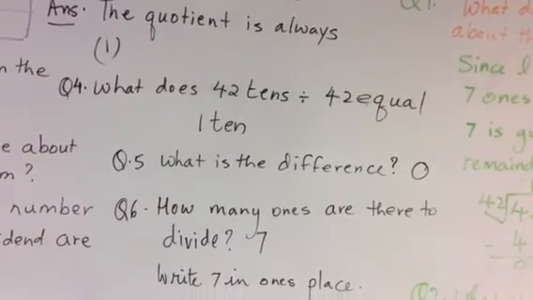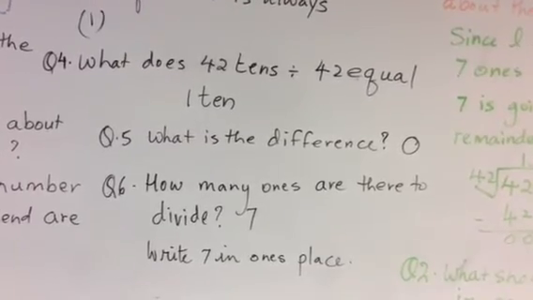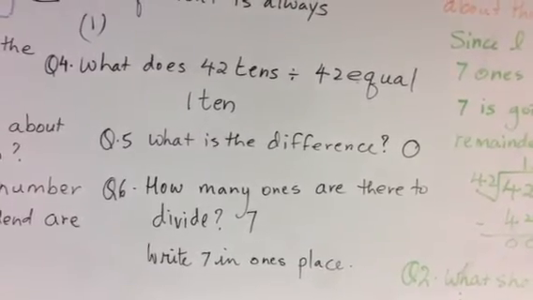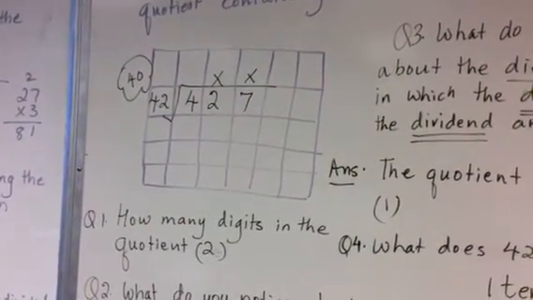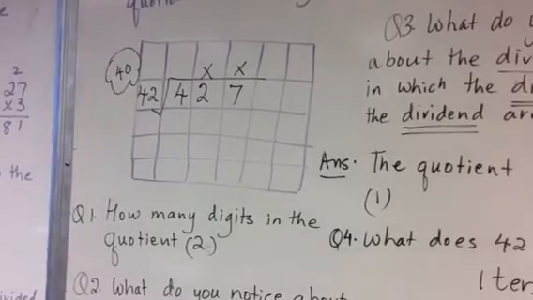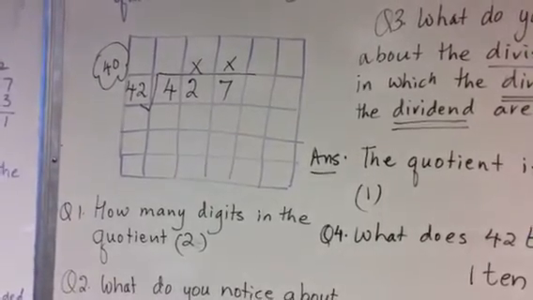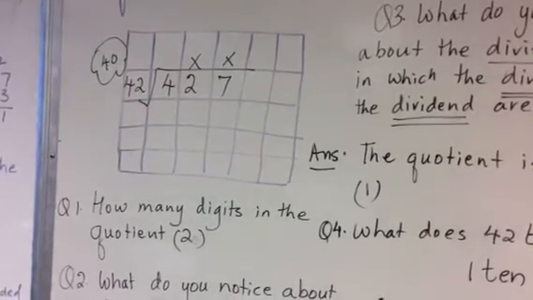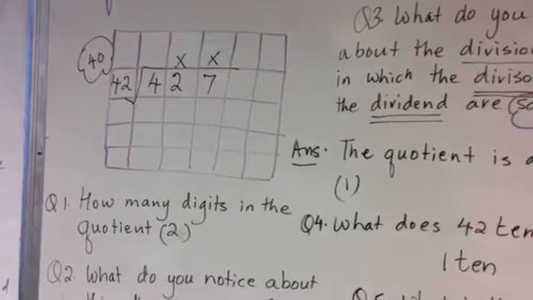How many ones are there in the dividend? 7. Write 7 in ones place. So again, look at the problem. 427 divided by 42. 42 goes into 42 one time, and then 42 minus 42 is 0. And then when you bring the 7 down, 42 goes in 7 how many times?